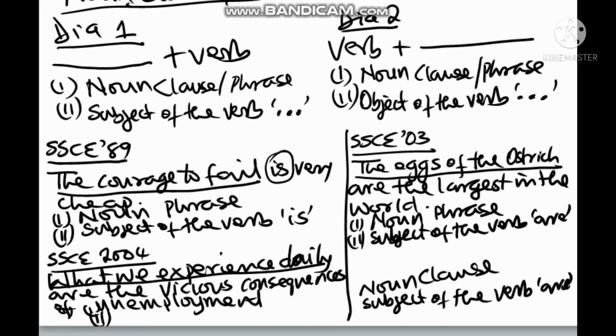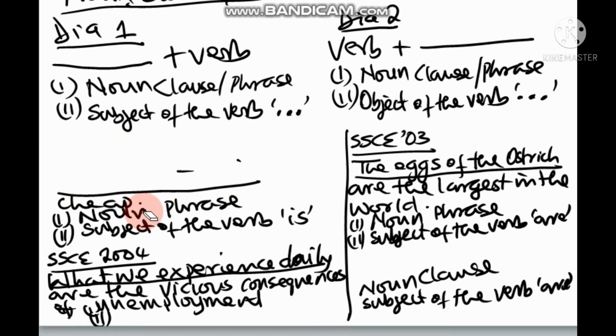But let us see diagram number 2. Let us see a question such as this in diagram number 2.